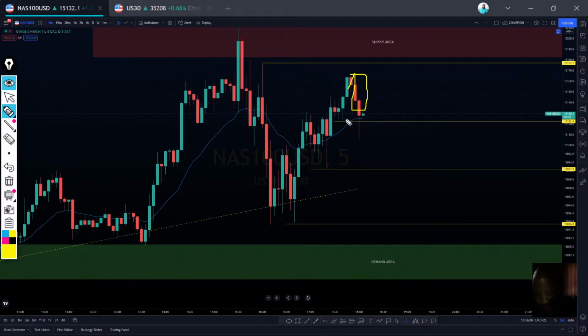This is our current uptrend. When we have these three black crows right here, you can see this pattern is used to predict the reversal of a current uptrend.